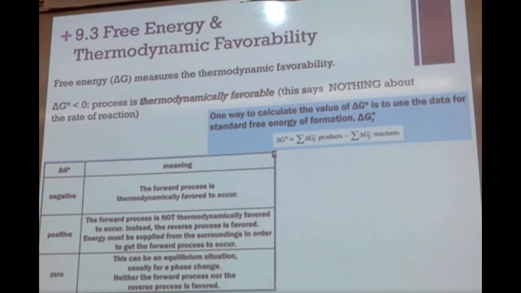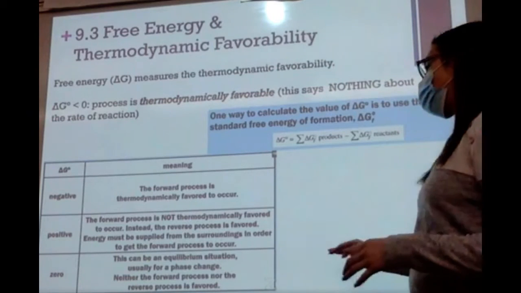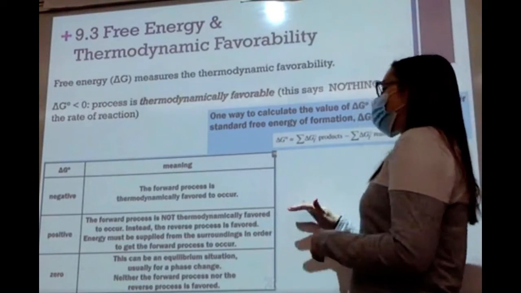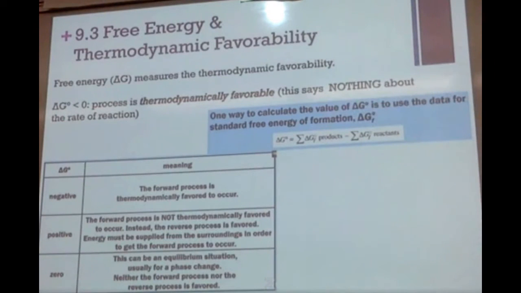If delta G is positive, the reaction is not thermodynamically favored, but the reverse reaction would be favored. So in order to get the forward reaction to occur, we'd have to add energy. If delta G is 0, the process is at equilibrium. Remember, a phase change happens when delta G is 0.